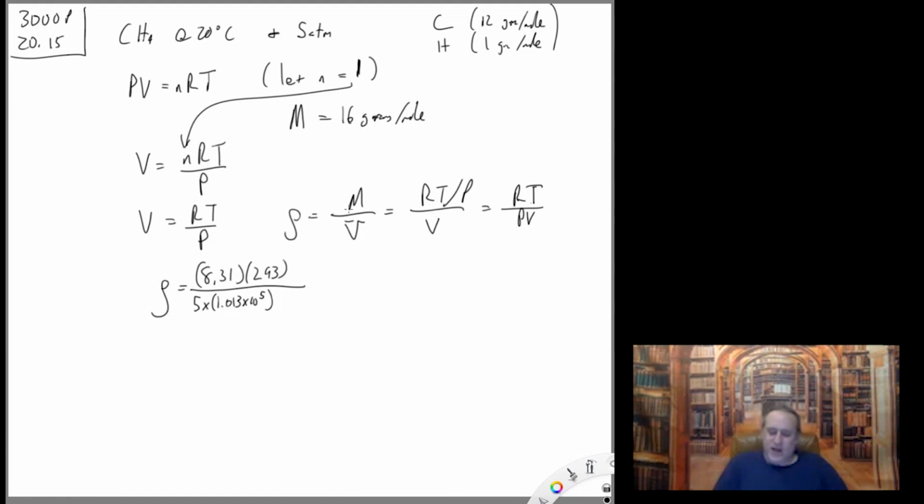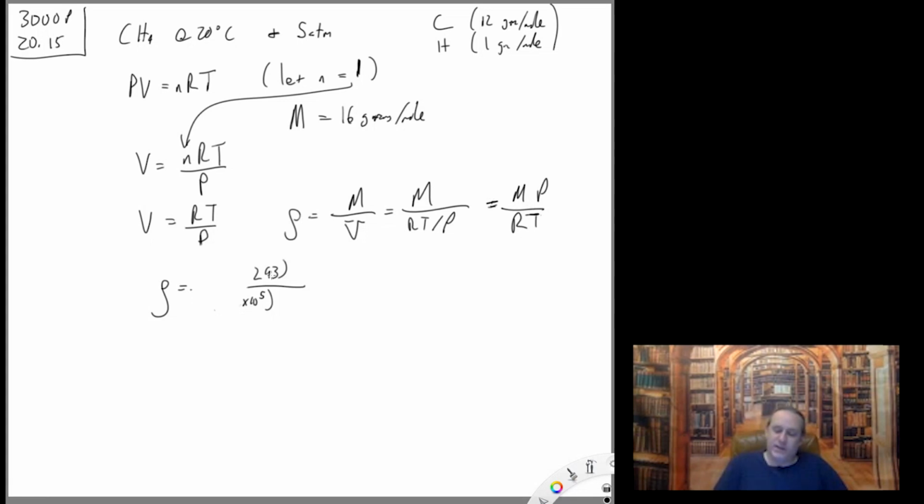I messed up my formula here. The density is mass over volume, and the volume is RT over P, so this should be mass times P over R times T. I just goofed up my algebra there.